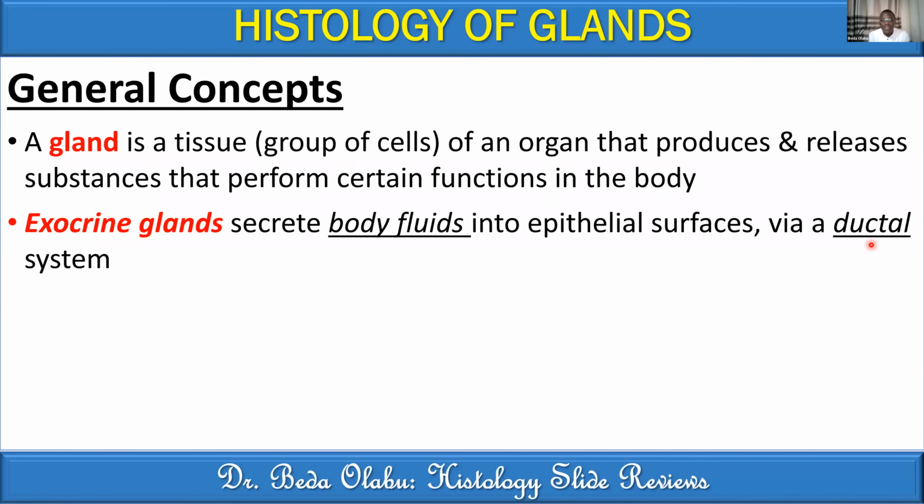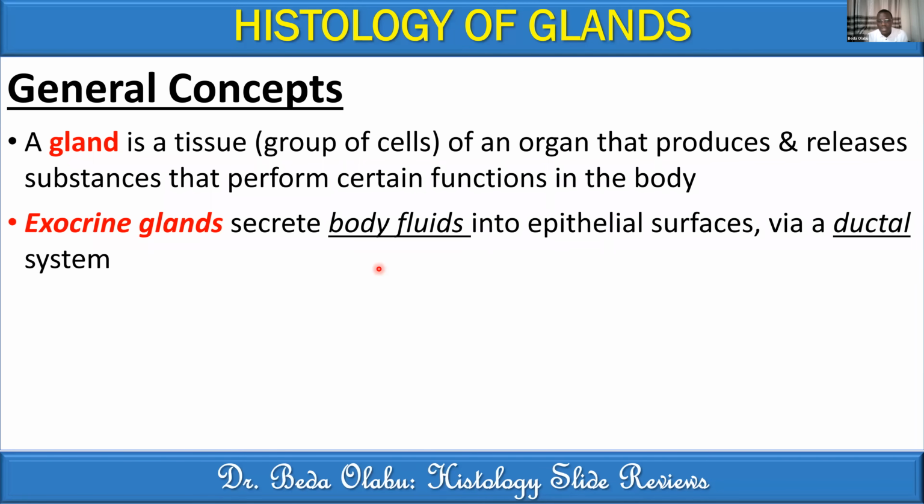Those epithelial surfaces don't have to be the outside of the body like skin. They could also be just internal epithelial surfaces like respiratory tree or digestive tree. So with that understanding, we'll expect exocrine glands to have an elaborate ductal system, at least, that will be able to receive the body fluids.